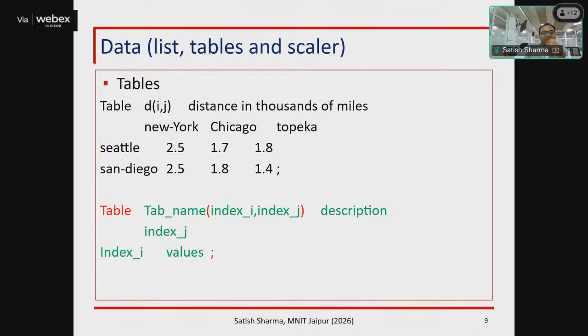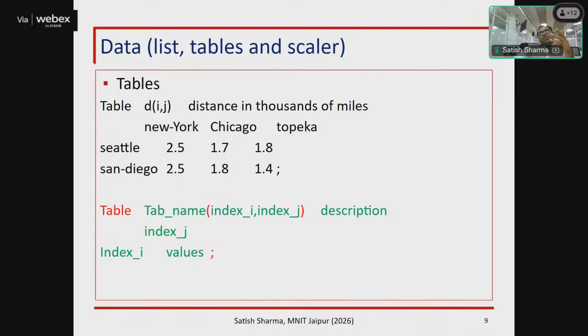Once the data is not a single value, not a one-dimensional matrix or a vector, sometimes data is a two-dimensional matrix, or generally we call them tables. So tables are basically the third kind of data entry in GAMS. These are the only three ways by which we can enter the data.